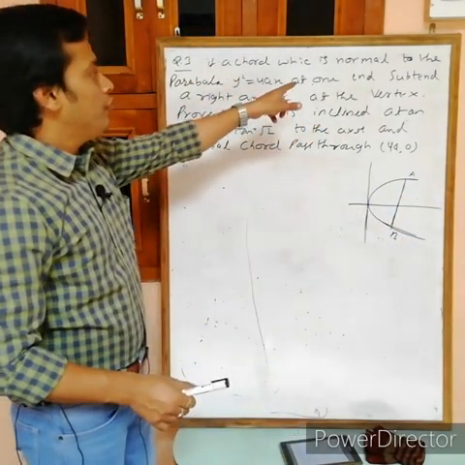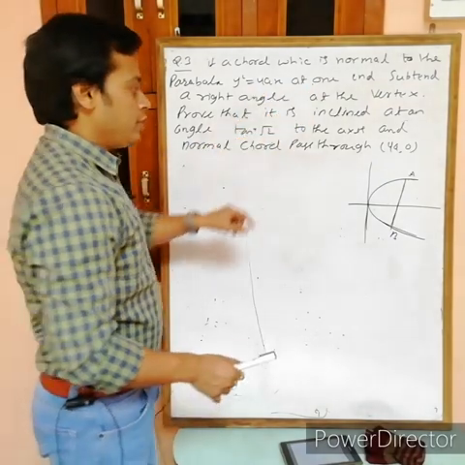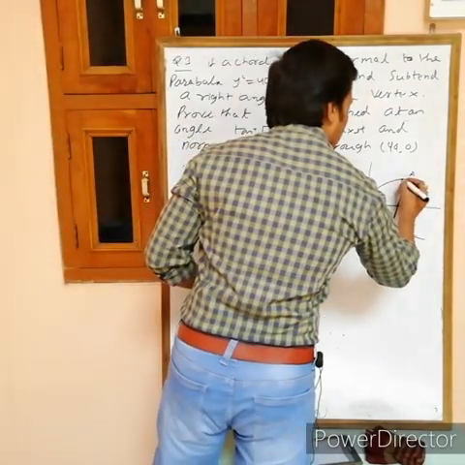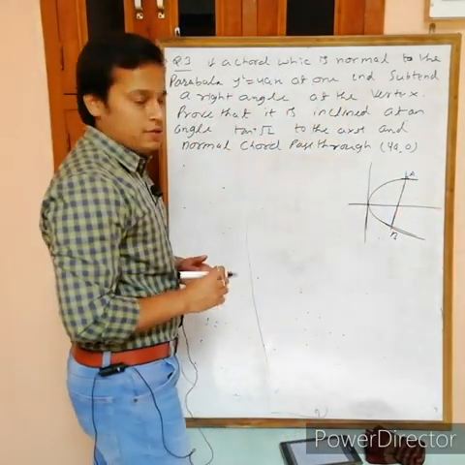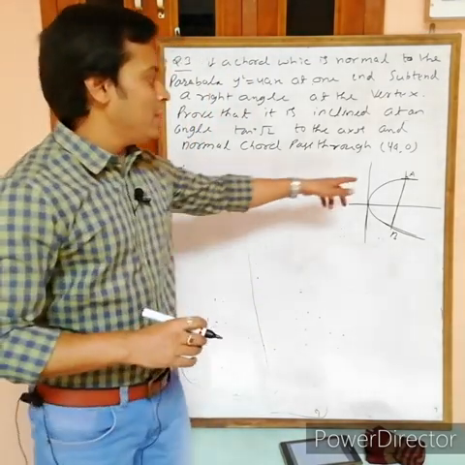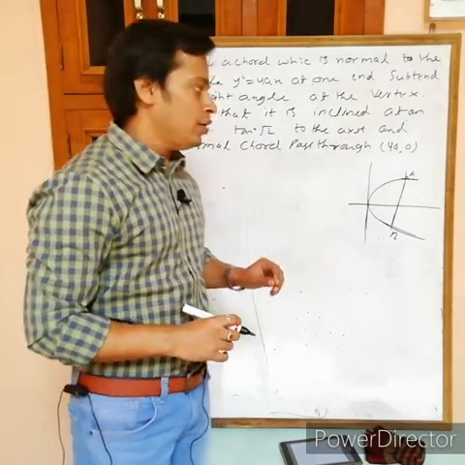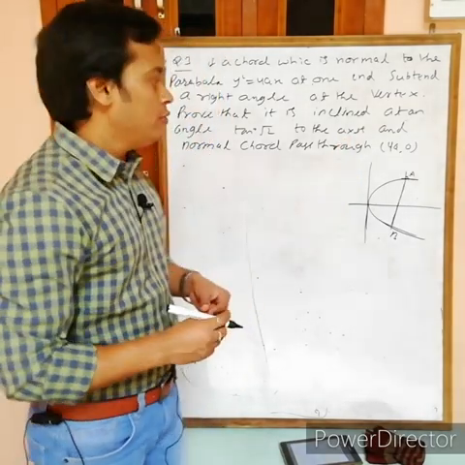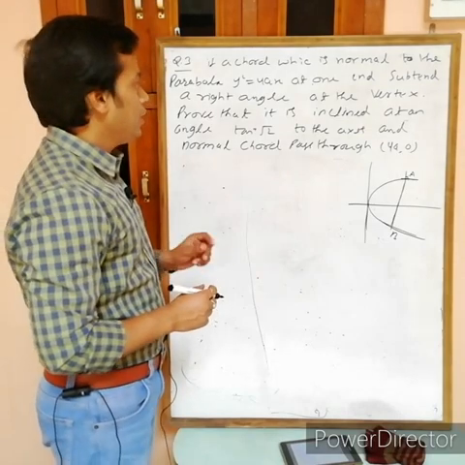If a chord is normal to the parabola at one end, it means this is normal to the parabola at one end, like this one. This is normal at A. It means the angle at A between this line and the tangent is equal to 90. This is the meaning of being normal. So suppose this chord AB is normal at A.